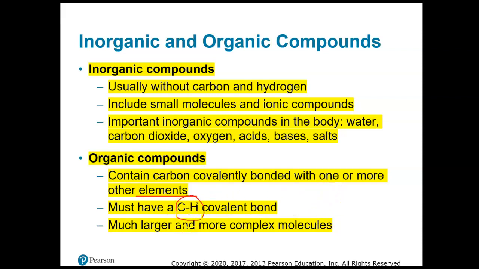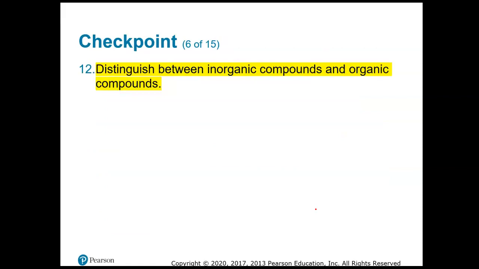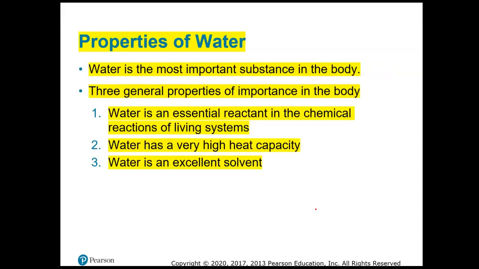So anyway, they must have carbon and hydrogen to be classified as organic. Okay? Distinguish between inorganic and organic. Well, organic compounds have the element carbon along with the element hydrogen.